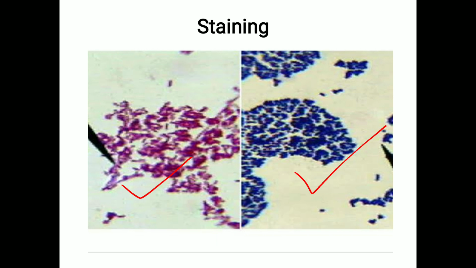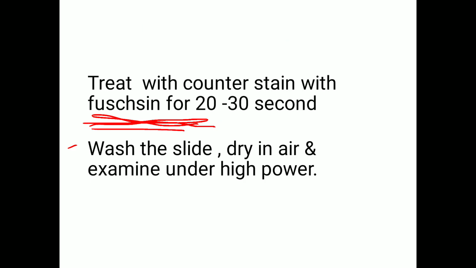So blue colored bacteria are gram positive, red colored bacteria are gram negative. In that way we differentiate gram positive and gram negative bacteria. Next, we discuss the examples of gram positive and gram negative bacteria.